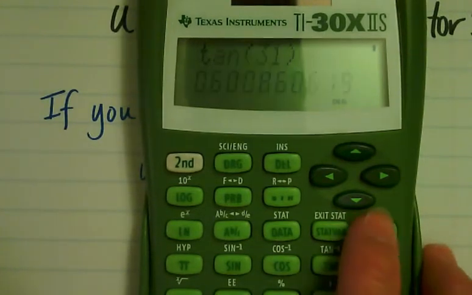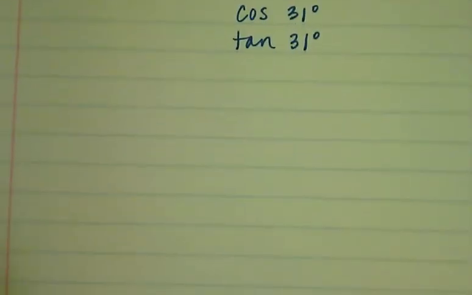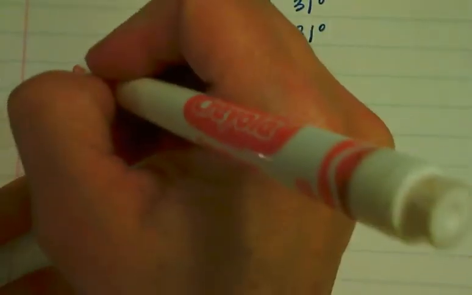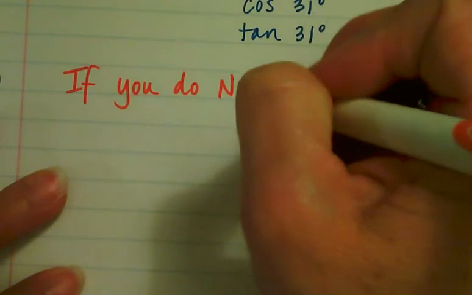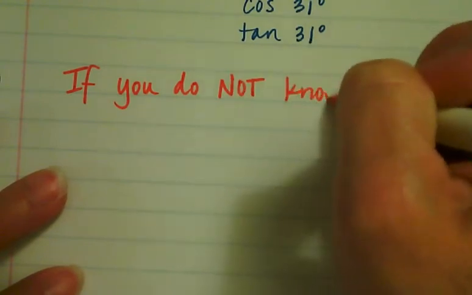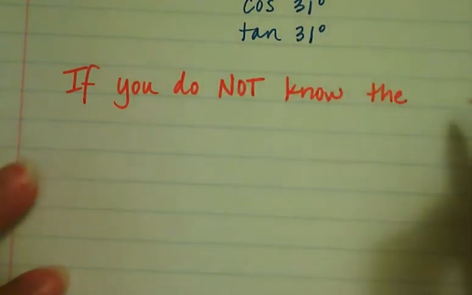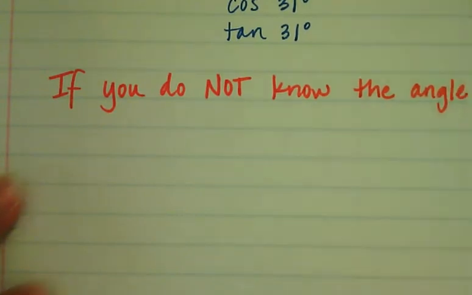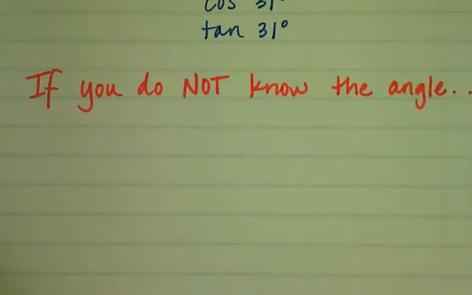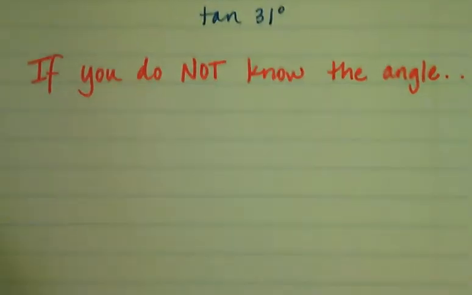So doing that one is pretty easy. All right, so now what we're going to do is look at what happens if you don't know the angle, and that's what you're trying to figure out. If you do not know the angle, then you're kind of going backwards.